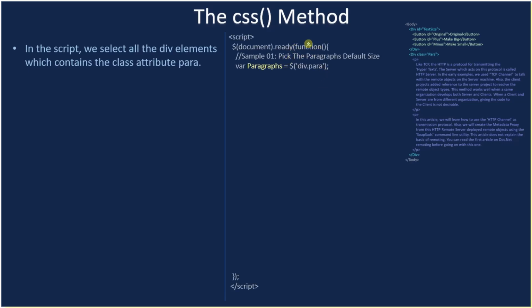This is how our code runs. Here document ready starts and ends. Inside that we are making a selection rule, dollar, div dot para. That means select all the div elements that contain the class attribute para. There is only one div element which contains para, so this div element will be selected and we call it paragraphs.